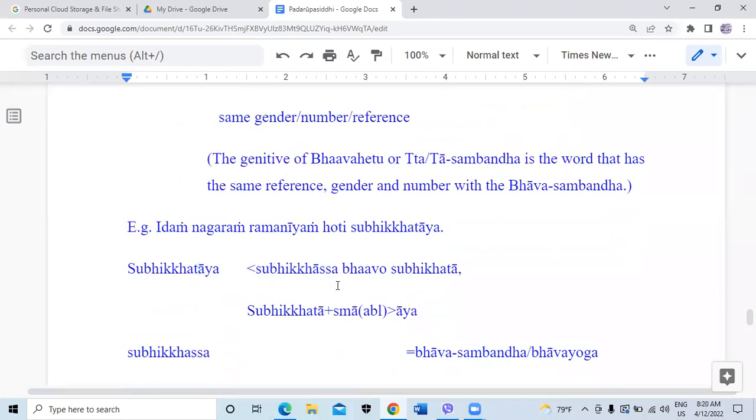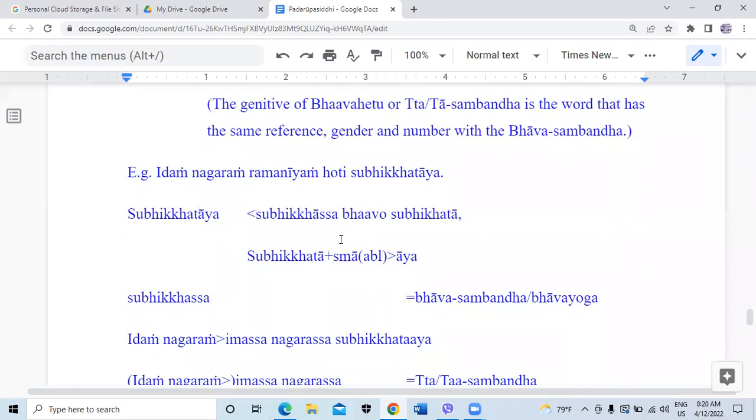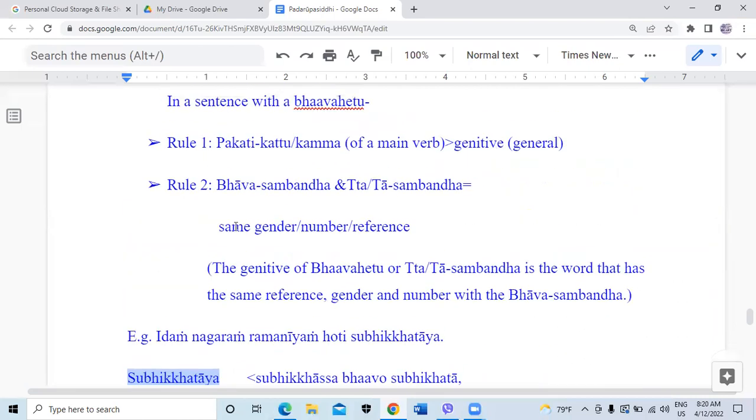Tata sambandha is with the application term: the subject or object of the reason. Bhava, he do what? He do what is called tata sambandha.